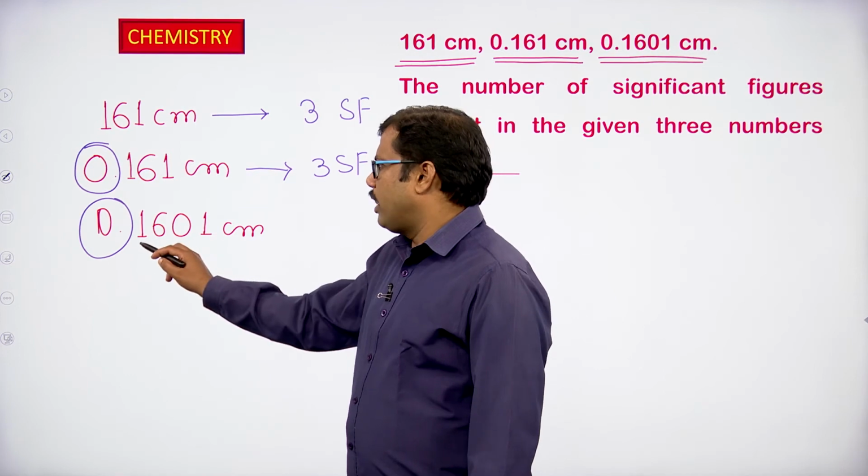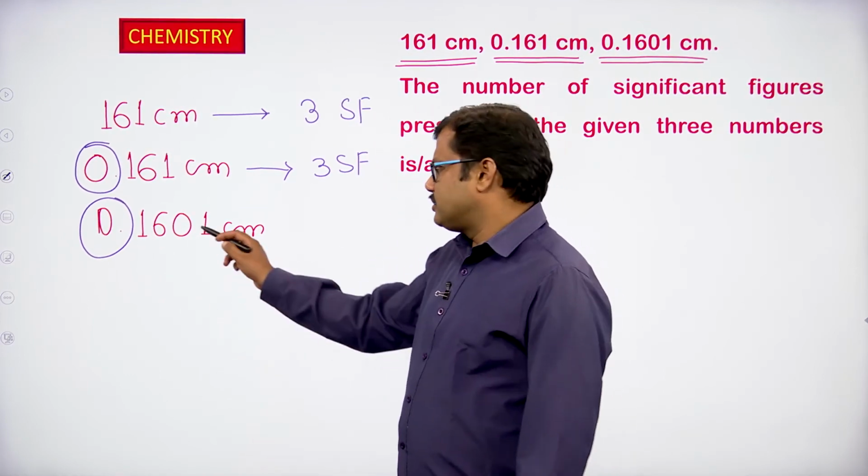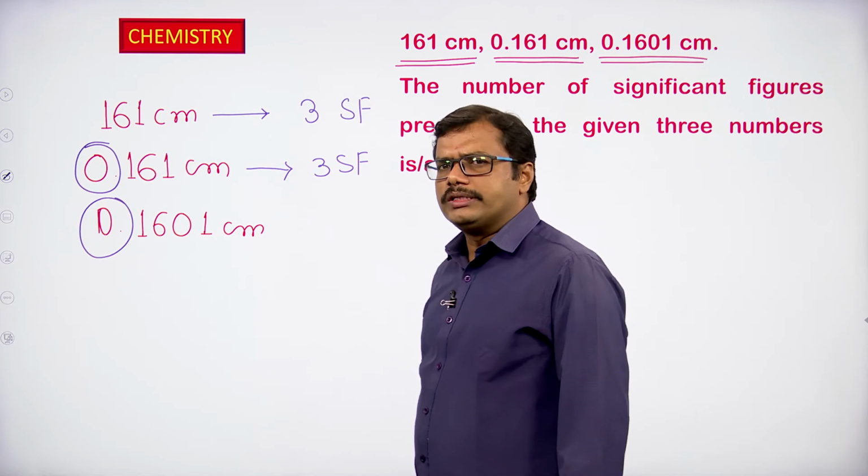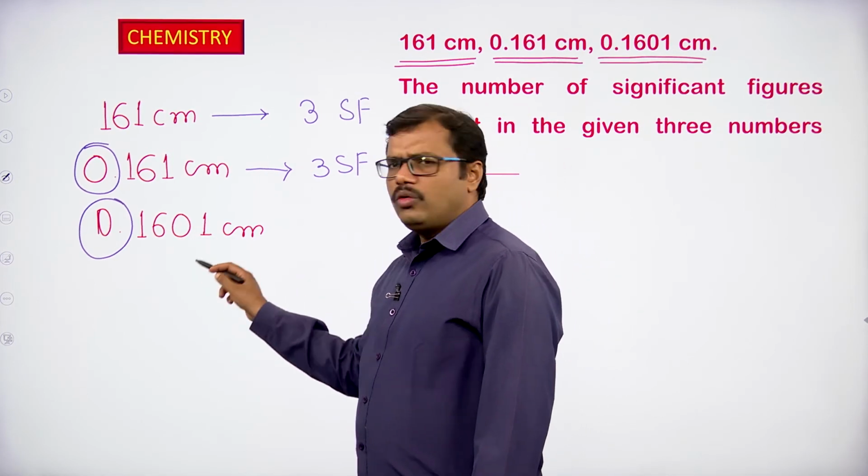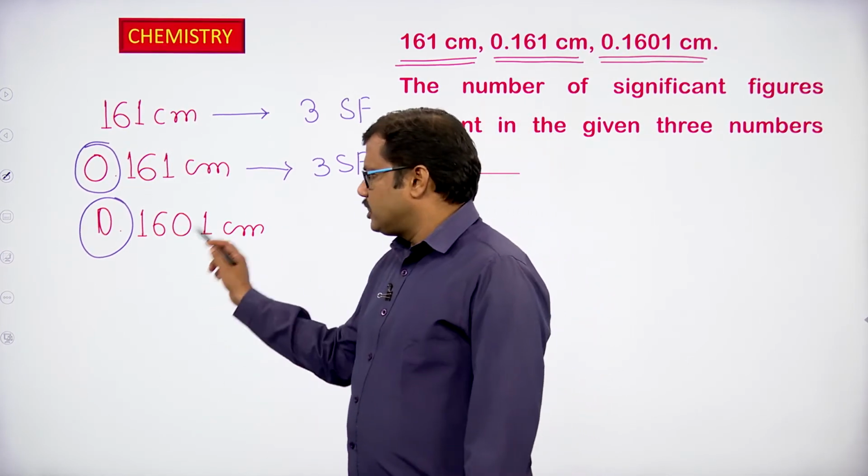So, 161 has 3 significant figures, and 0.161 also has 3 significant figures. Now, in 0.1601, the 0 to the left of the first non-zero digit is not significant, but the 0 present between 2 non-zero digits is also counted.